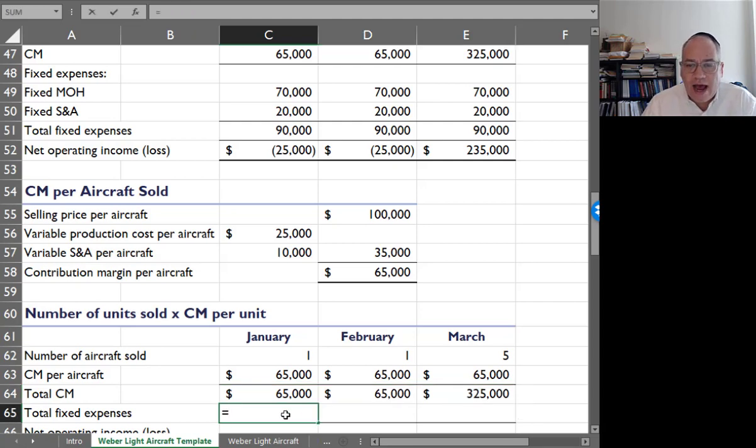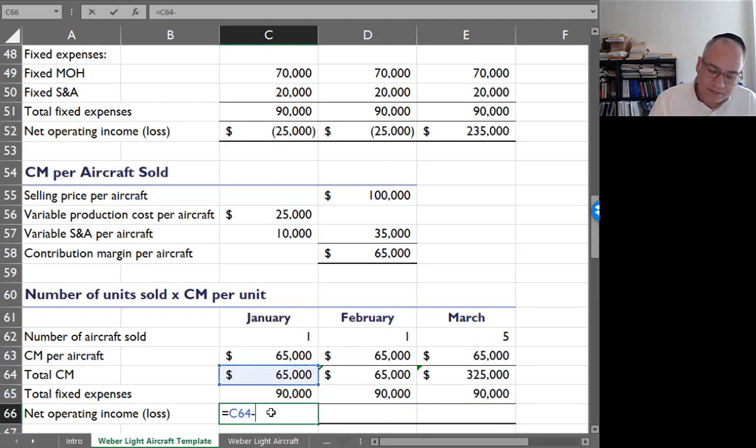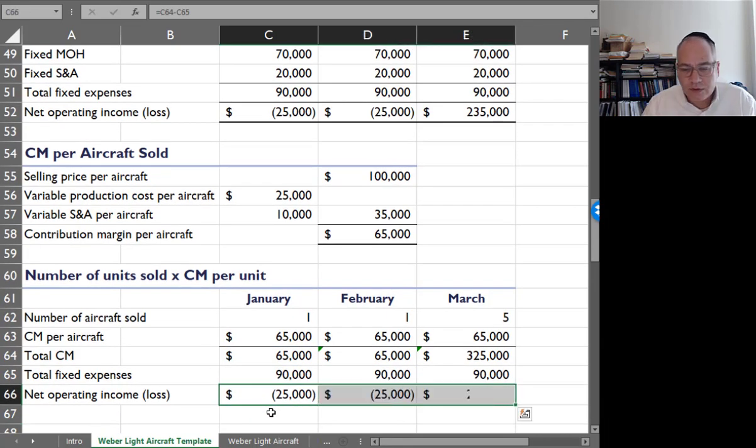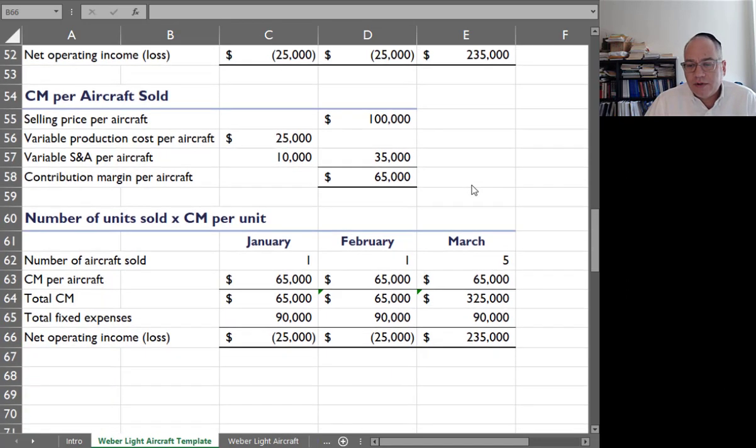And then subtract from this total fixed expenses, which is $90,000 a month, to get net operating income of a $25,000 loss in January, a $25,000 loss in February, and $235,000 income in March. So that's variable costing, and variable costing is nice because it's very simple and straightforward. And again, the costing reflects the behavior of the cost.